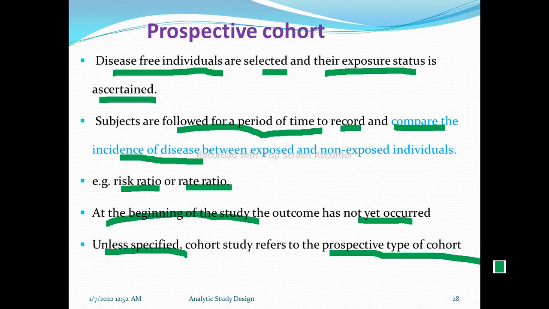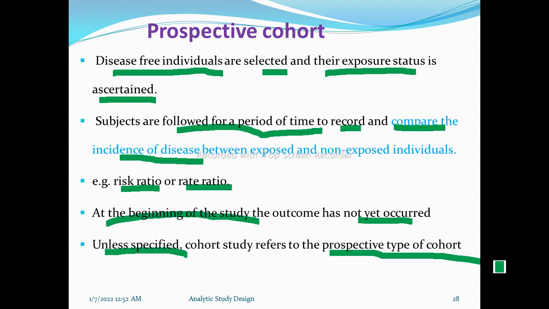Most studies or articles published say cohort study design. Unless it is specified, if it is written as cohort study design only, that is prospective cohort study design. If not prospective, it will be written as retrospective cohort study.